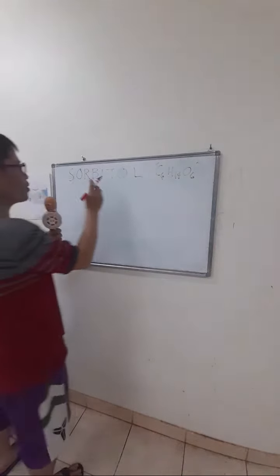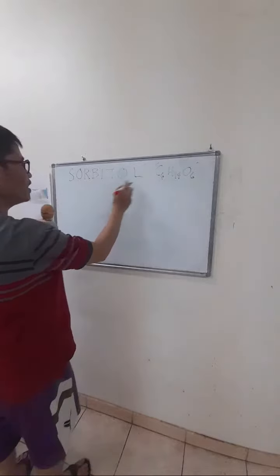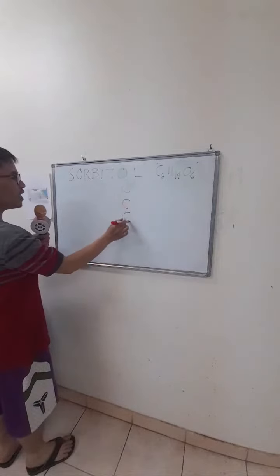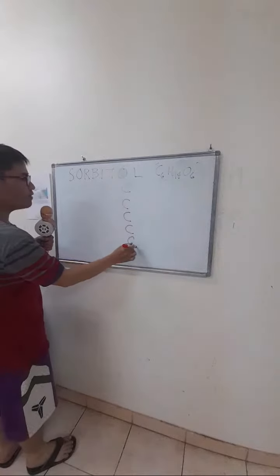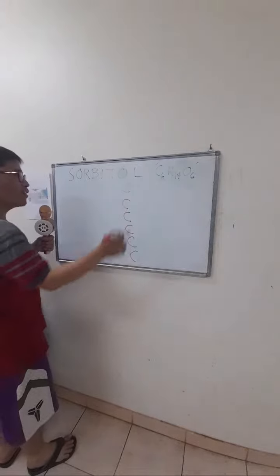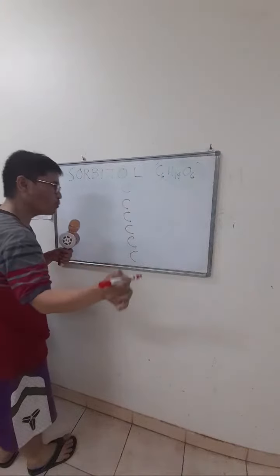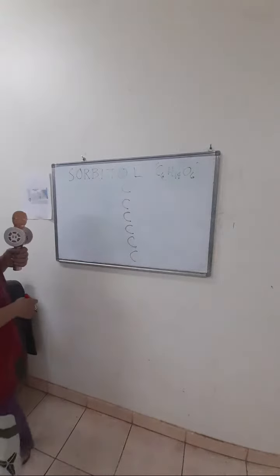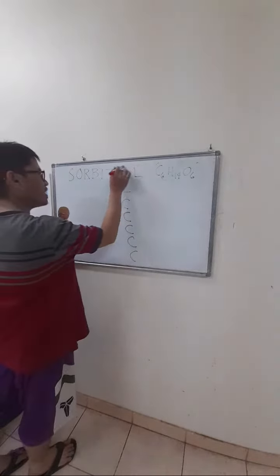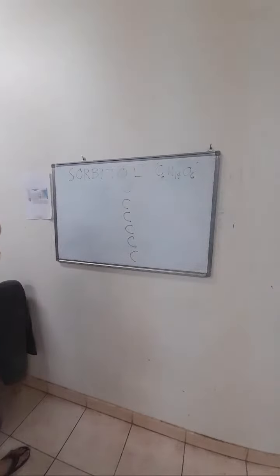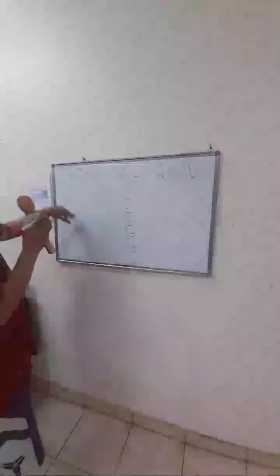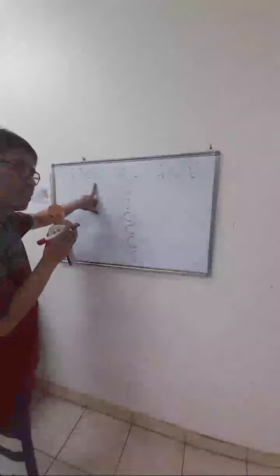Okay, so we need to show the Fischer projection. 6 atoms of carbon: 1, 2, 3, 4, 5, 6. Class, there are 6 carbon atoms. The next step is to illustrate the OH, because there's the word "ol" here, meaning a hydroxyl group, OH, will be added. So this is an alcohol, right?